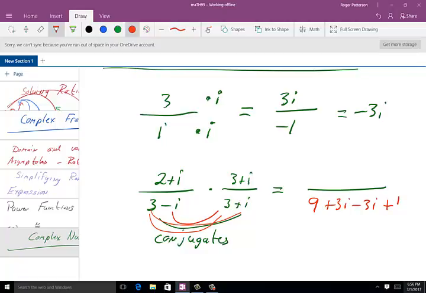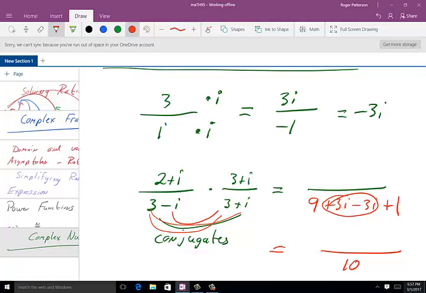The sign's going to flip, because it's a negative i squared, so instead of being negative, i squared makes it positive. So on the bottom of this, all we get is 10, because these go away. And it's designed to do that. That's why you multiply by the conjugate, and so those i terms go away. Okay? That's why we do it.